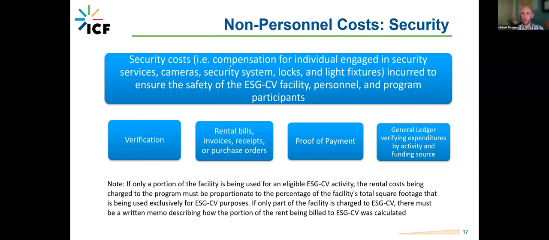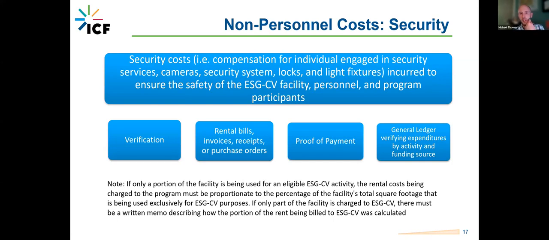All right, so security. We're talking about security costs, and that is generally compensation for an individual engaged in security services. It could also be a contractor engaged in security services. We're talking cameras, security systems, locks, and light fixtures for security purposes that are incurred to ensure the safety of the ESG facility, personnel, and program participants.